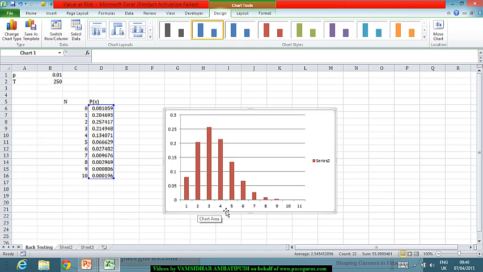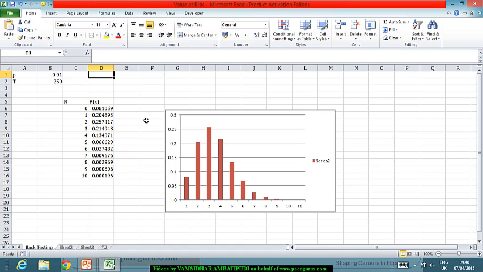Now, what I am really looking at is, what is the mean number of exceptions here? The mean is around 2.5, and the variance of the exceptions, if I am going with the binomial distribution itself, is mean times 1 minus p.